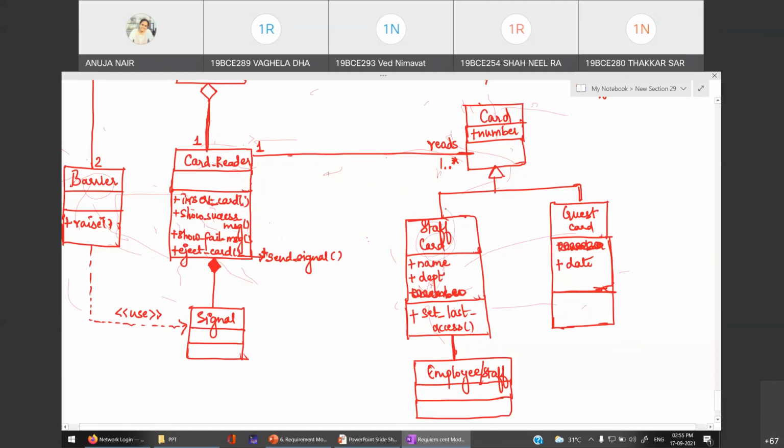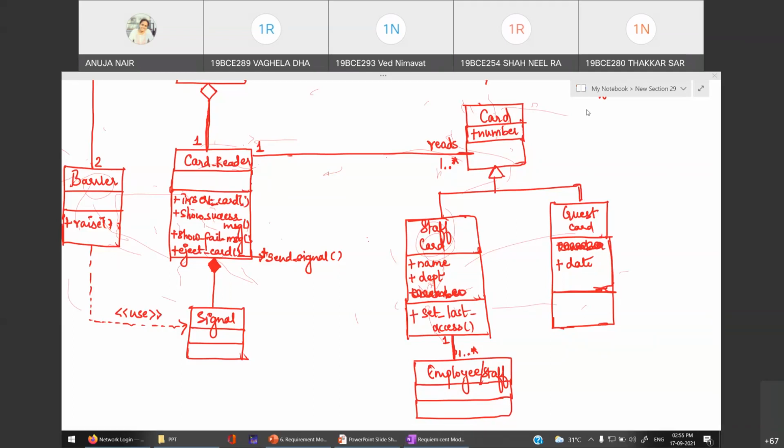Staff card, in general, if we say staff cards can be issued to many employees, right? Staff card can be issued to many employees, but an employee can have only one single staff card. Did you understand? Of course, every employee will have a staff card.